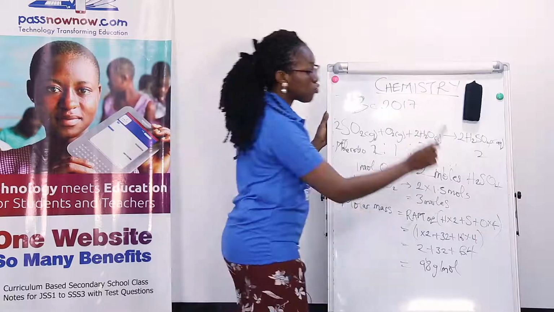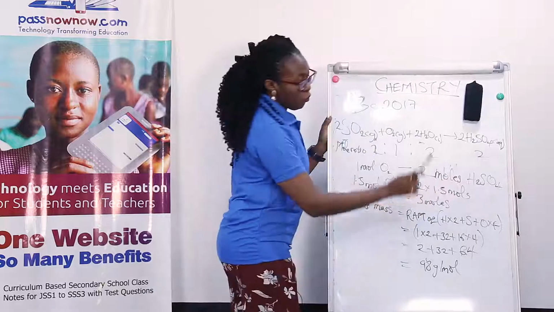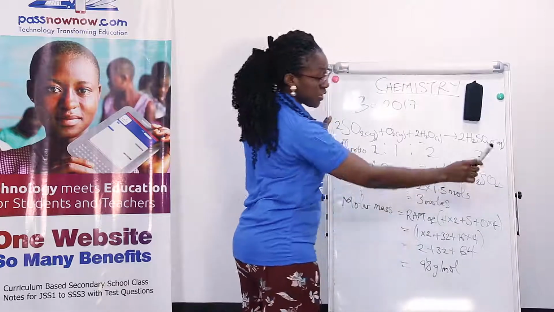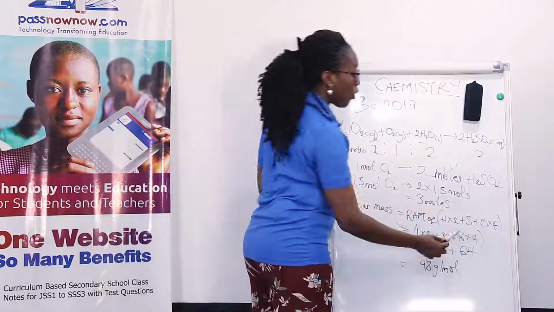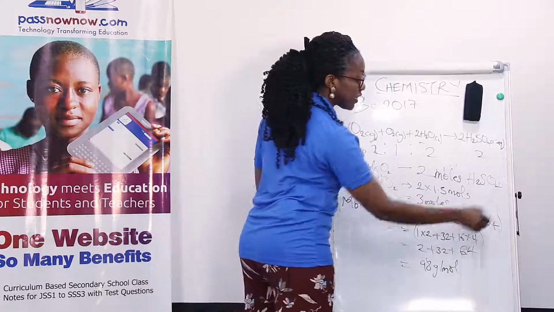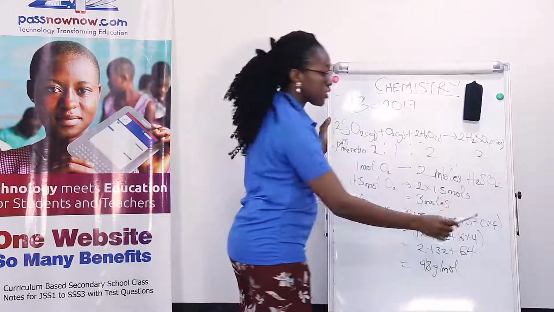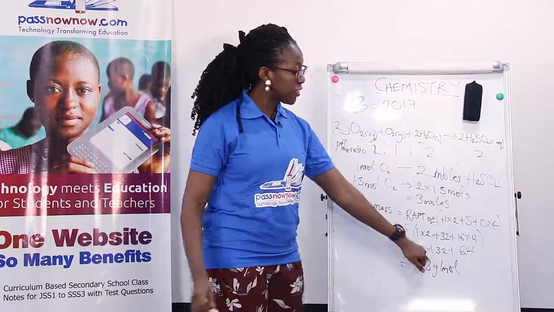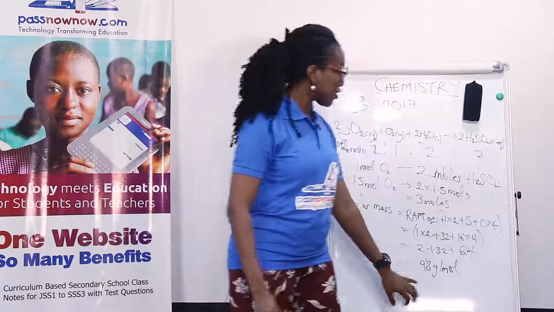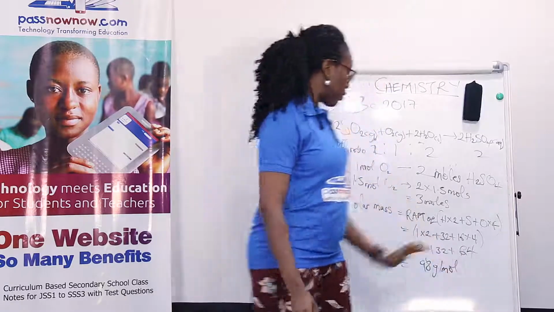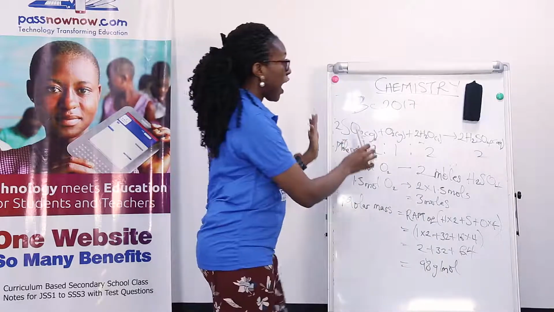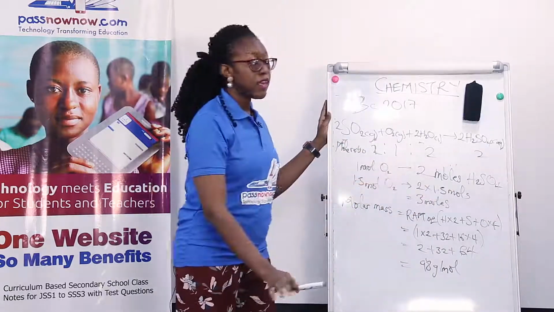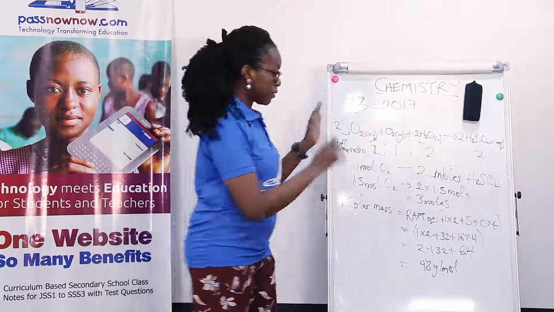Since we have 2 hydrogen atoms here, we'll have 1 times 2 plus the relative atomic mass of sulfur, which is 32, plus 16 times 4. This will give us 64. 2 plus 32 plus 64 gives us 98 grams per mole. So that is the molar mass of hydrogen tetraoxosulfate(VI). Now we can find our mass.